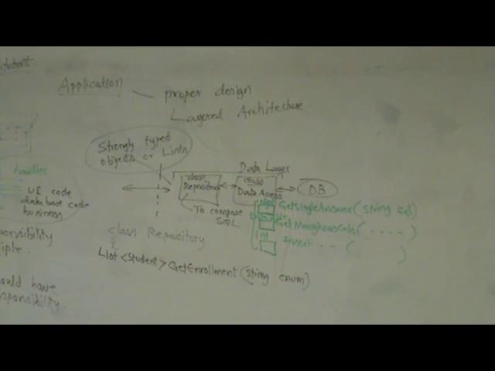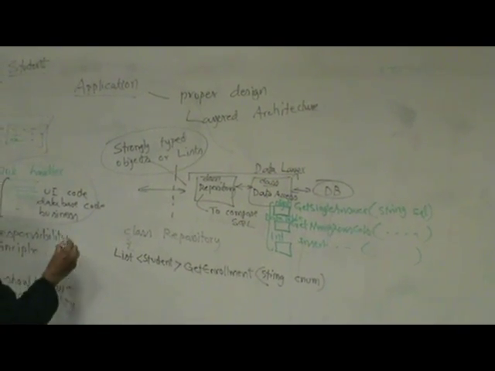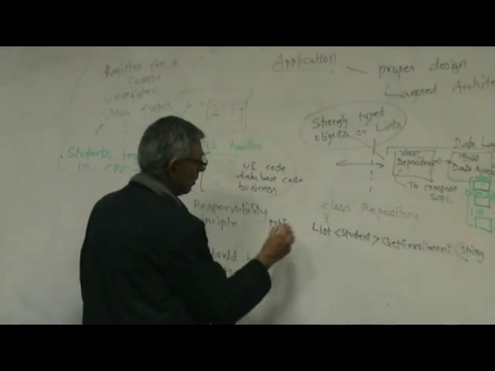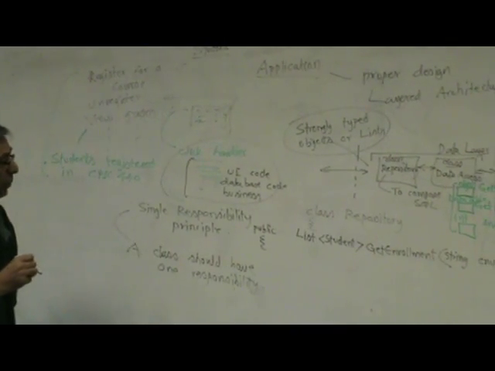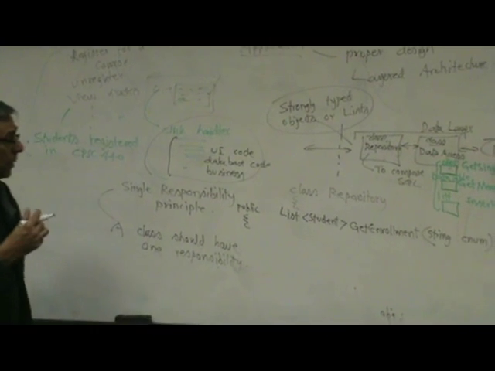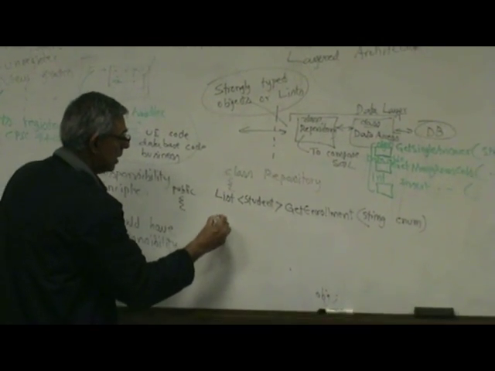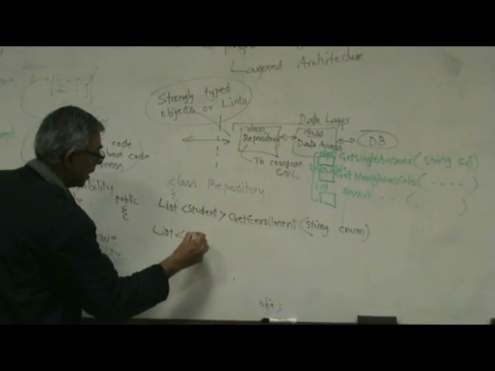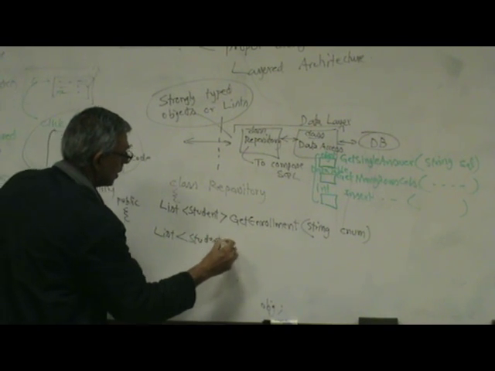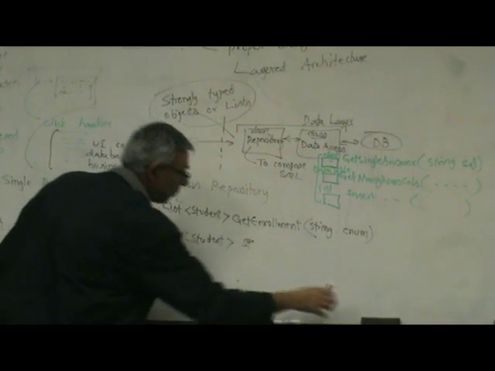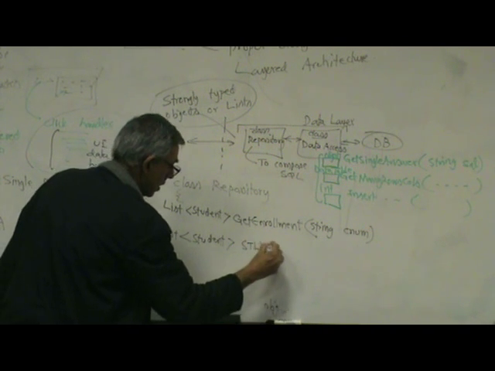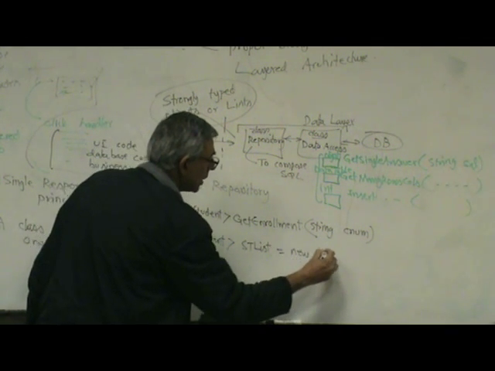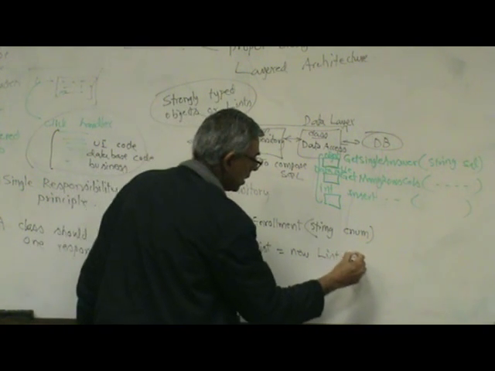Okay, so anyway, let's try to write this method now, just to give you an idea of how this will look. Basically what we need to do is first create an empty list of student, let's say st list, equal to new list of student, correct?